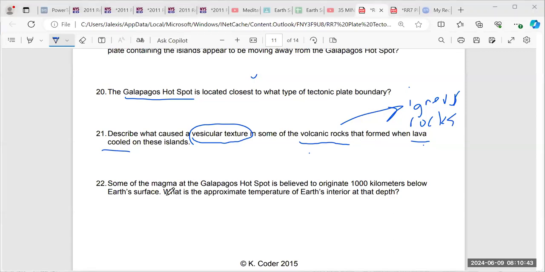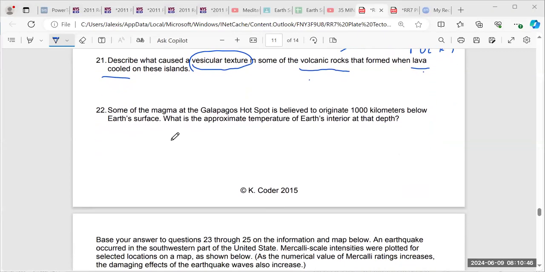Number 22. It says some of the magma at the Galapagos hotspot is believed to originate 1,000 kilometers below Earth's surface. What is the approximate temperature, keyword we're looking for temperature, of Earth's interior at that depth?